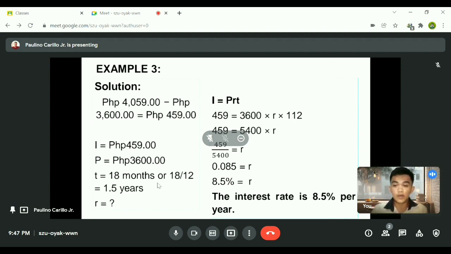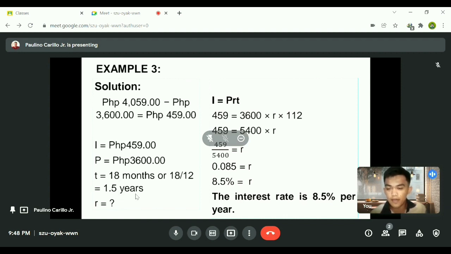T is equal to 18 months, or 18 divided by 12 is equal to 1.5 years. Now, this number here, 12, we all know that 1 year is equivalent to 12 months. So it's just a matter of converting months to years. And we get 1.5 years for our time.